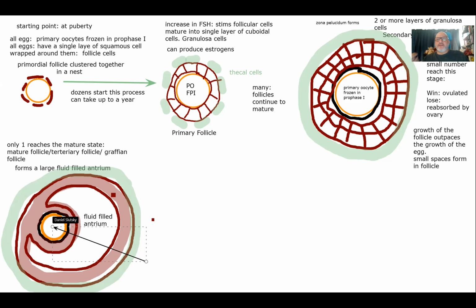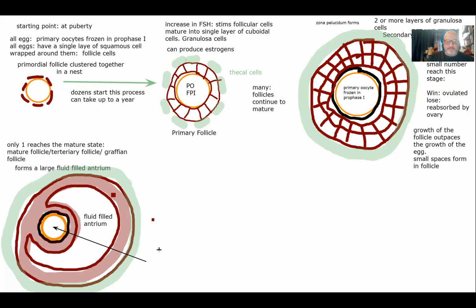Here in the tertiary state, finally, the egg completes meiosis 1 and divides unevenly to produce a secondary oocyte.